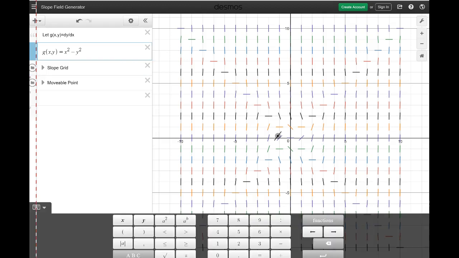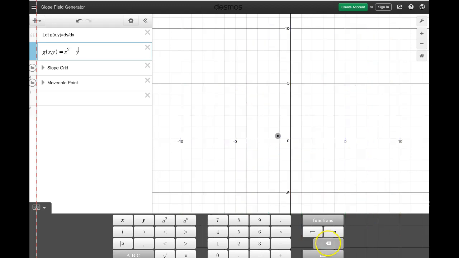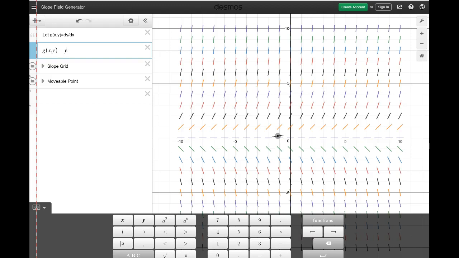Oh, I should pause. So now, while we're in Desmos, let's look at some other functions that we know a little bit about. Let's look at the differential equation dy dx is equal to y. We already know whose derivative is itself, and there's a reason why the slope field looks the way it does here.